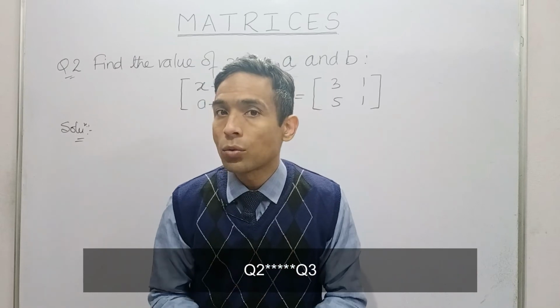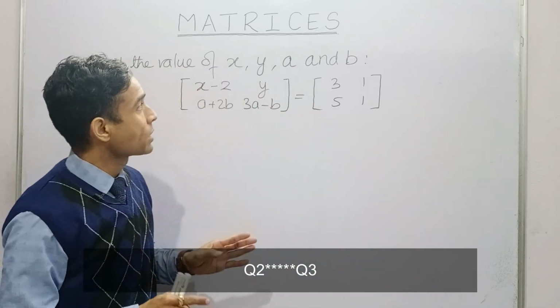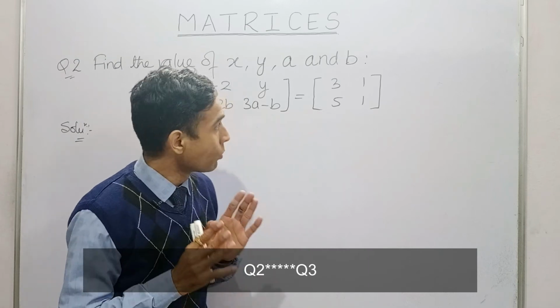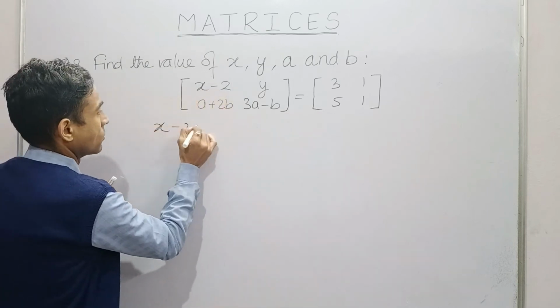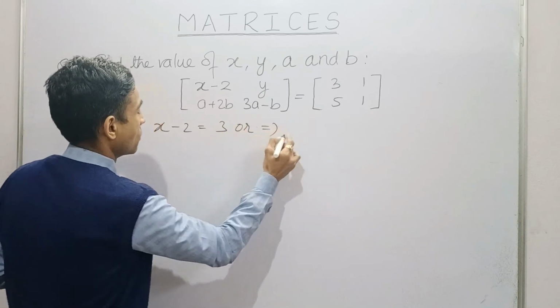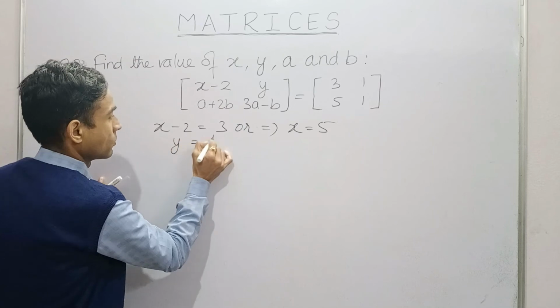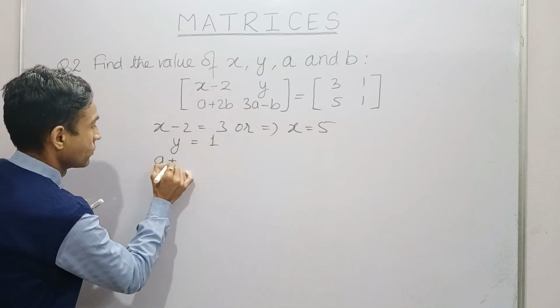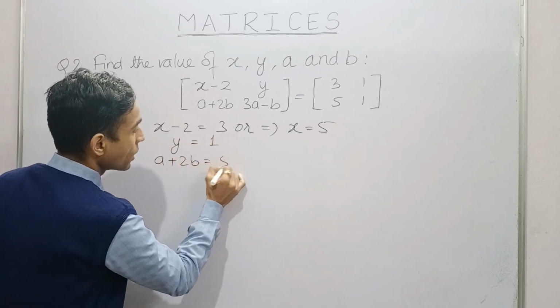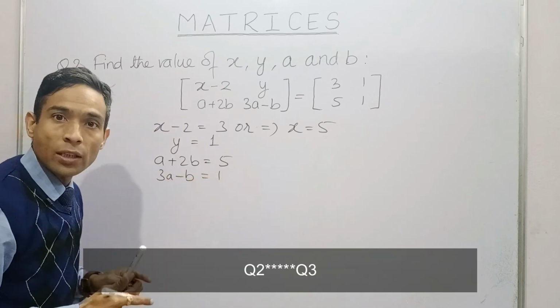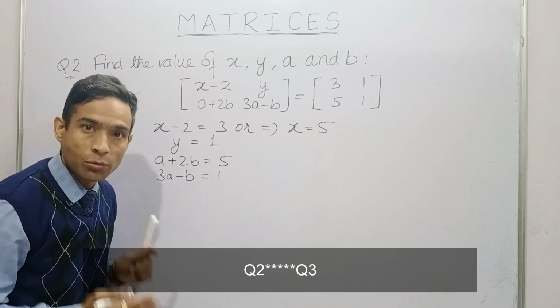In the third and last question, we have to find out the values of x, y, a and b. Let's do it by equating the elements on both sides. So the value of x is 5, y is 1, and we are getting two linear equations which we are going to solve either by elimination method or by substitution method.